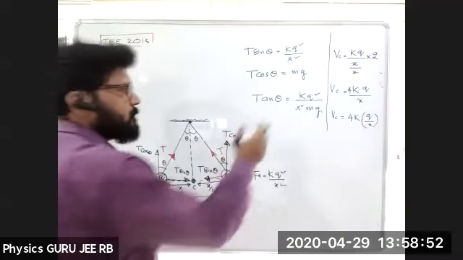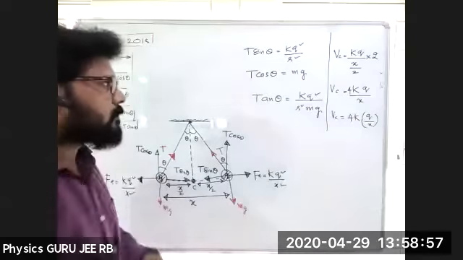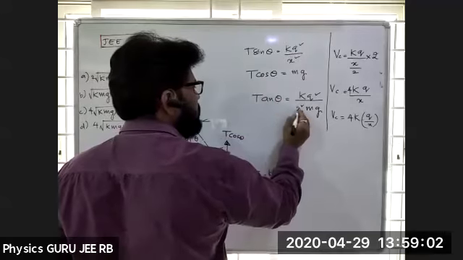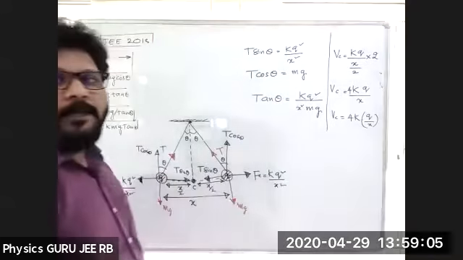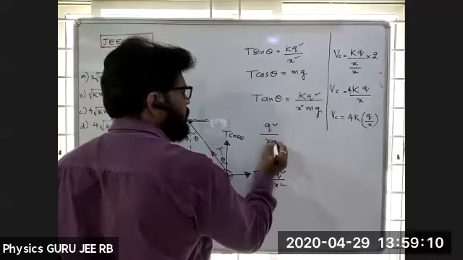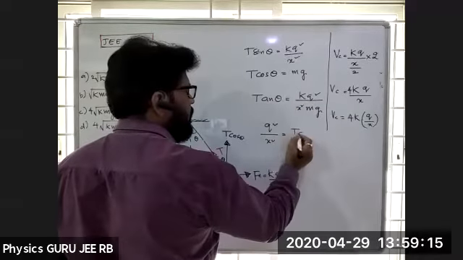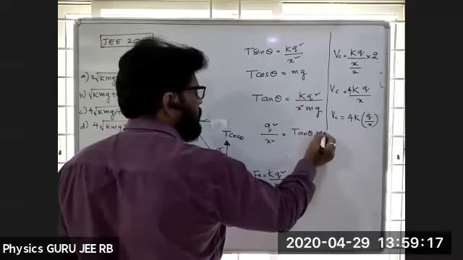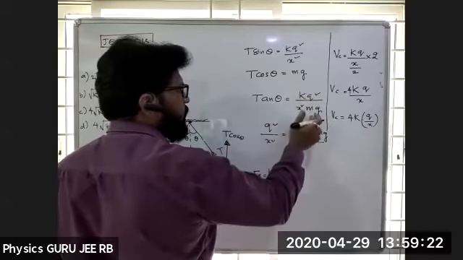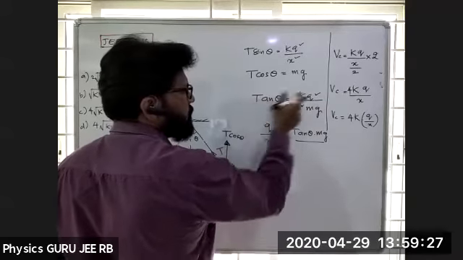Now what can I get for q by x? Here we have q square by x square. If I take it outside, q square divided by x square equals tan theta into mg divided by k.